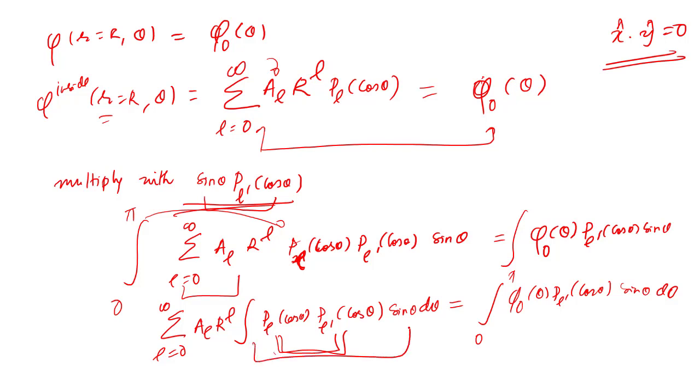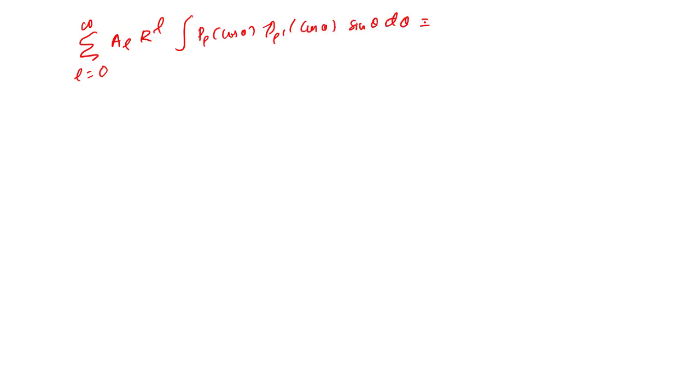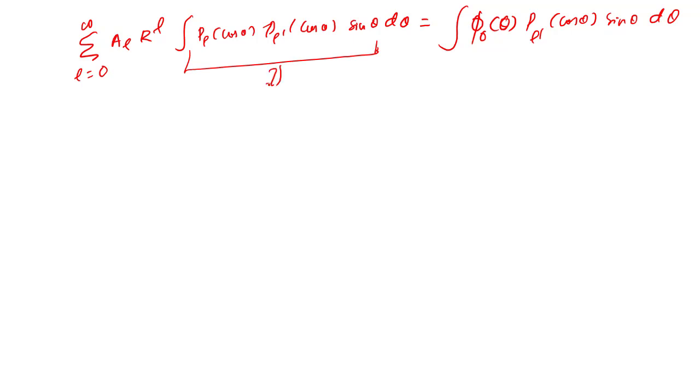And from the orthogonality relationships, this is equal to 2 by 2L plus 1 delta L L prime.